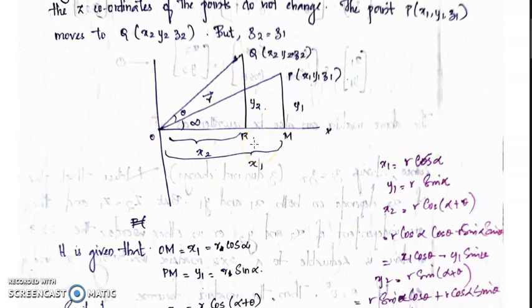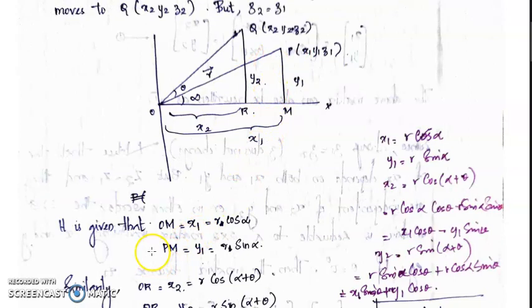We can take that OM is equal to x1, that is the first distance, and it will be equal to r cos alpha. We can also note that PM is equal to y1, that is the distance along the y-axis, and it will be equal to r sin alpha, as this is the vector r.